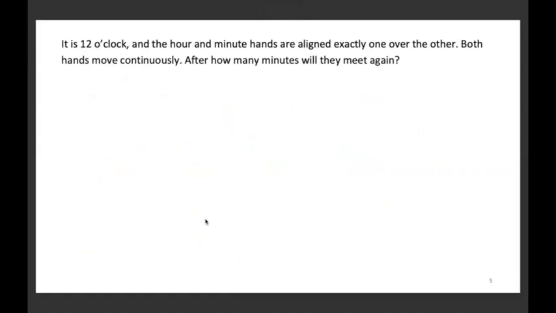It's 12 o'clock and the hour and minute hands are aligned exactly one over another. Both hands move continuously. After how many minutes will they meet again? So here, the first thing that you will have to understand is that the hour hand will move by 5 ticks in 60 minutes.